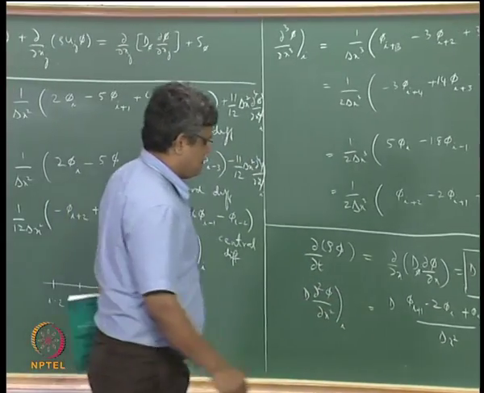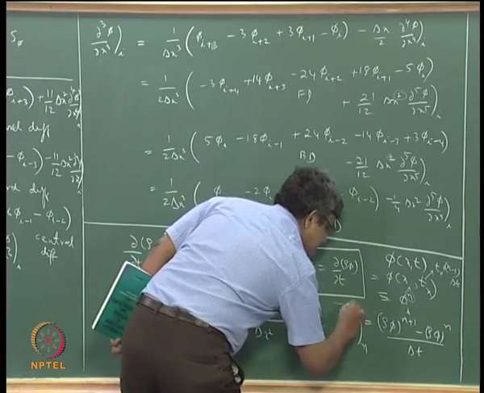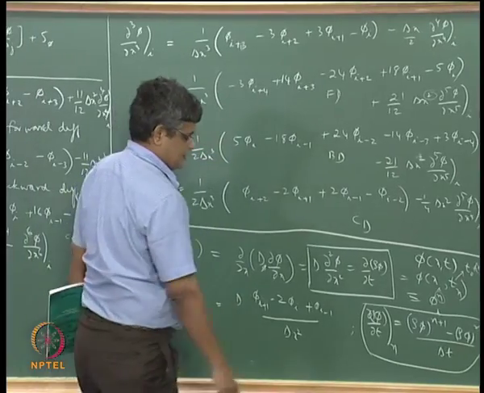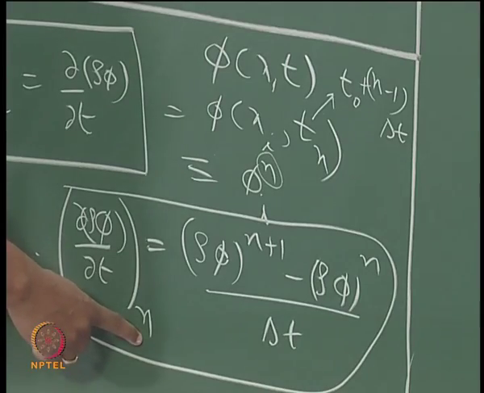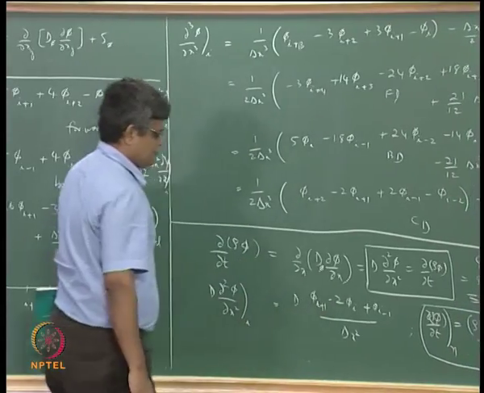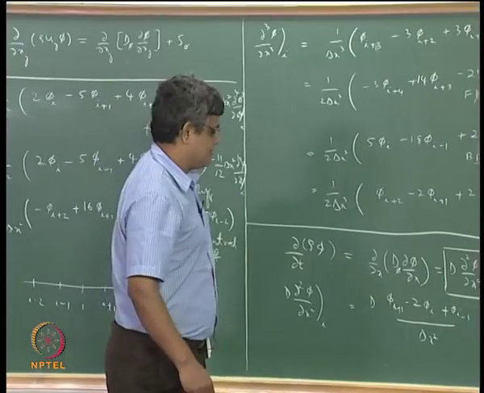Okay, so when we take this in isolation, the time derivative evaluated at the nth time step can be expressed like this, and the space derivative dou square phi by dou x square evaluated at the ith space location can be written like this. Now let us put these two together and then write the equation.